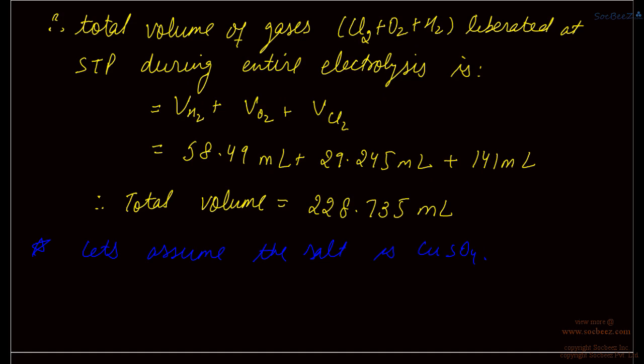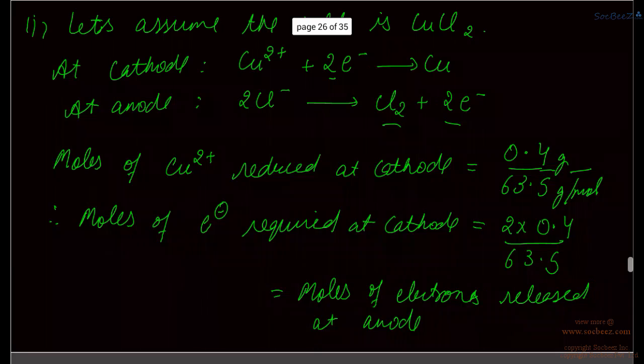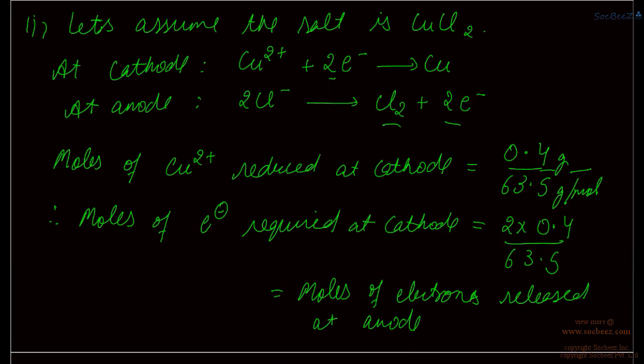Just solve this question yourself. Every process is similar to that of the previous part, but remember that in this case the ions discharged at cathode and anode are Cu2 plus and OH negative respectively. Previously Cl2 was discharged because the oxidation potential of Cl is greater than that of OH negative.